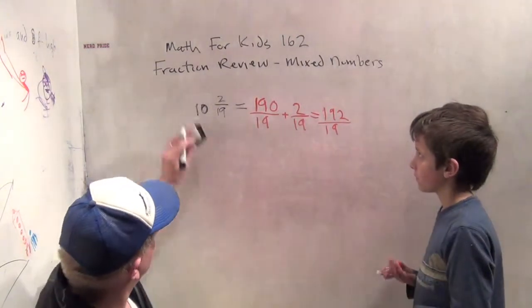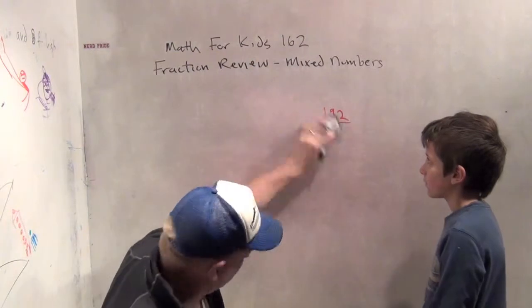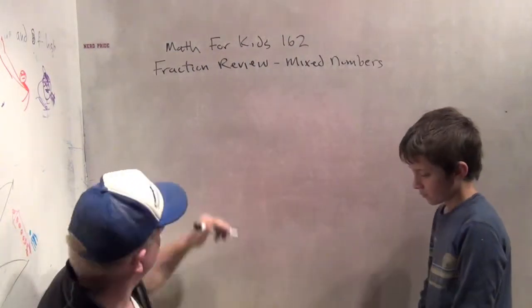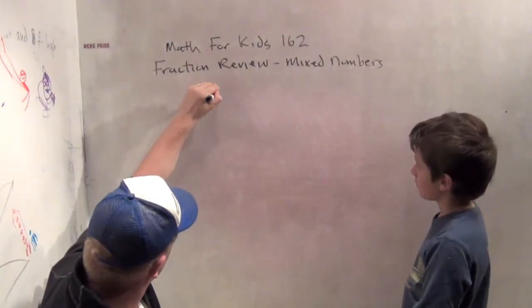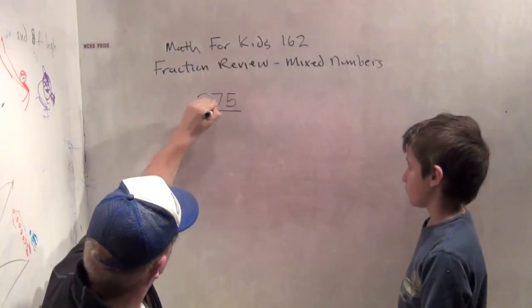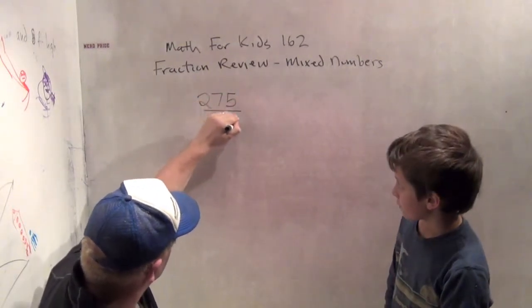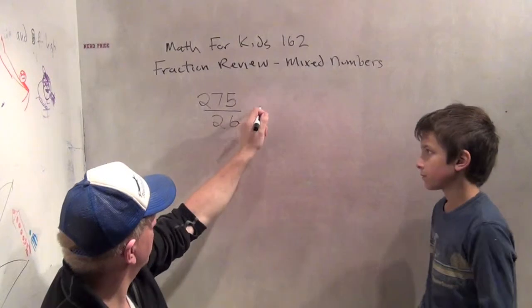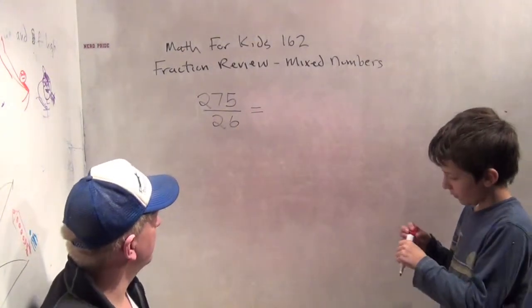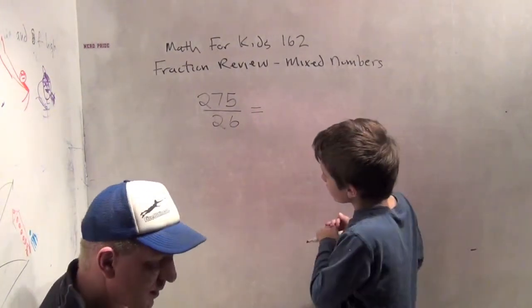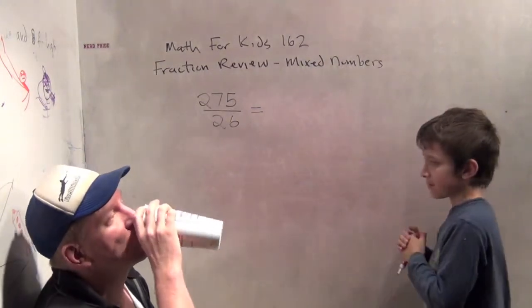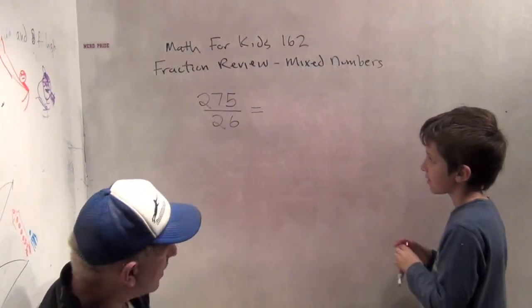Great. All right, this can be the last one. Actually, we're going to do one more after this. 275 over 26. Convert this from a fraction to a mixed number. Well, I'll use 26 times 10, which is 260.